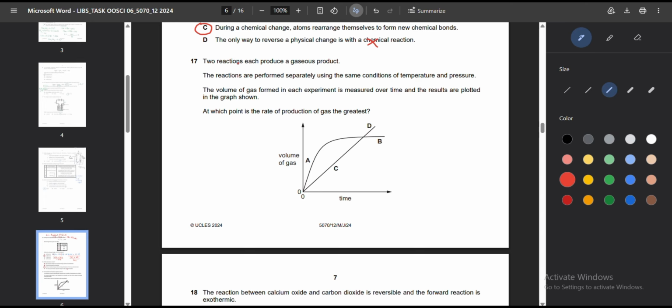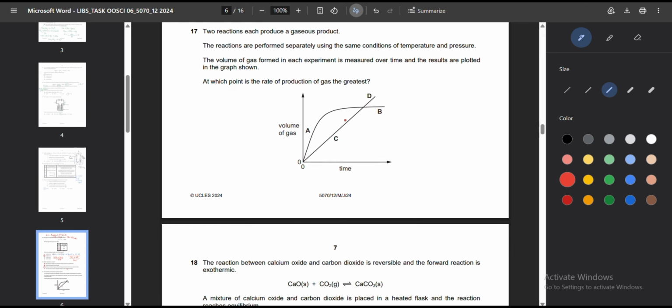Question number 17: two reactions each produce a gaseous product. The reactions are performed separately using the same conditions of temperature and pressure. The volume of the gas formed in each experiment is measured over time and the results are plotted in the graph. At which point is the rate of production of gas the greatest?